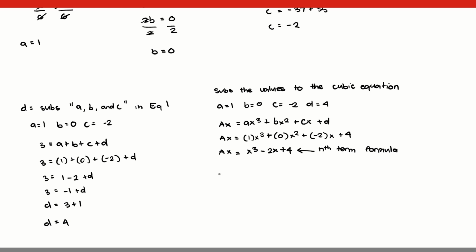We need to use the formula that we made earlier. a(x) equals x cubed minus 2x plus 4. For the 7th term: a7 equals 7 cubed minus 2 times 7 plus 4. So 7 cubed is 343, and 7 times 2 is 14, so minus 14 plus 4. So the answer is 333. So the 7th term of the sequence is 333.